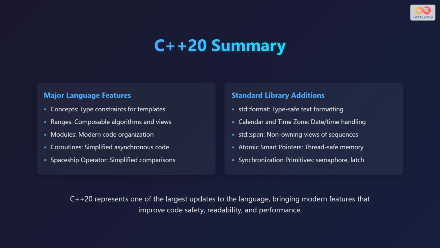Additionally, the standard library has been expanded with standard format for type-safe text formatting, calendar and time zone support for date and time handling, standard span for non-owning views of sequences, atomic smart pointers for thread-safe memory management, and synchronization primitives like semaphore and latch. C++20 represents one of the largest updates to the language, bringing modern features that improve code safety, readability, and performance.